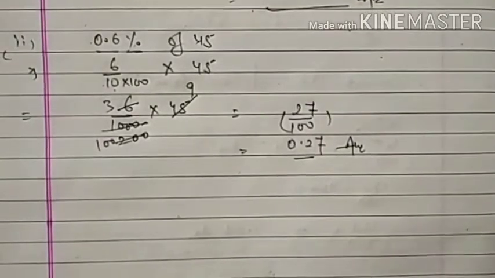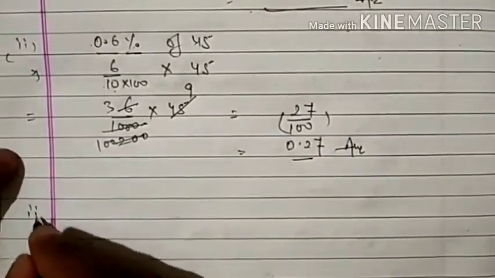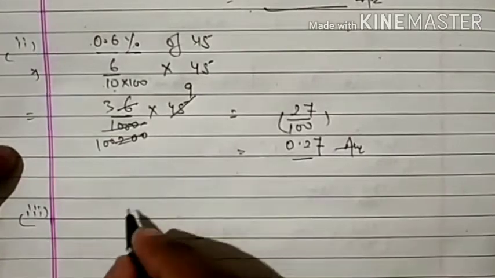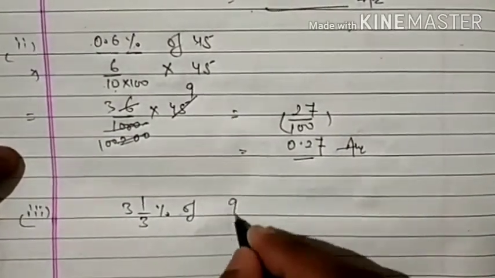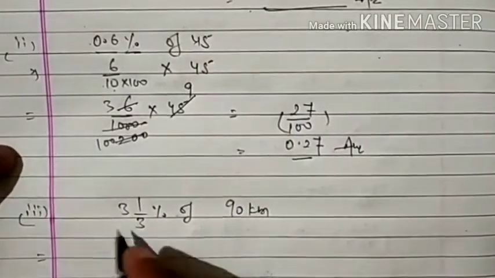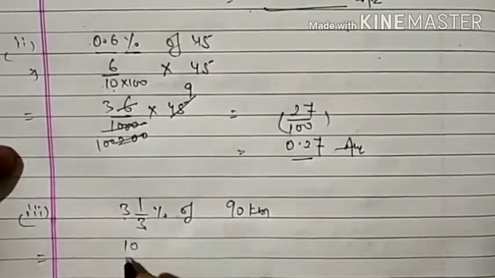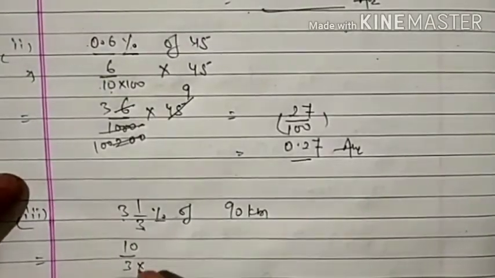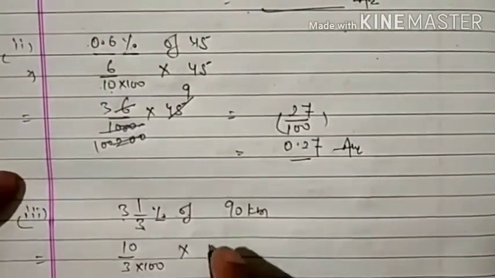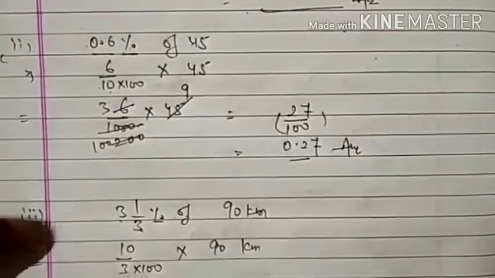Let's move on to the next question of the same type. We have to find 3 integer 1 by 3% of 90 kilometers. So what can we write? 3 3s are 9, 9 plus 1 is 10, 10 by 3, and when we remove the percent, we get 100. Of means multiply 90 kilometers.